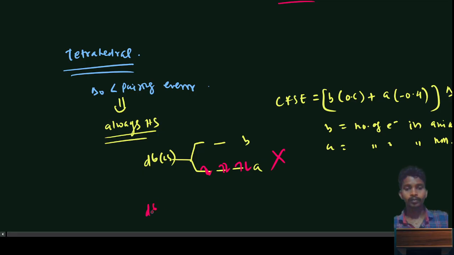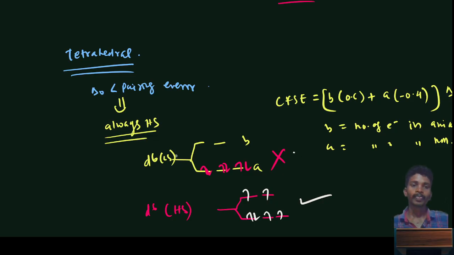So this always becomes D6 high spin only. That is going to be like this: 1 2 3 4 5 6, because here pairing is not possible. So that is all about octahedral and tetrahedral and how to calculate the CFSE.